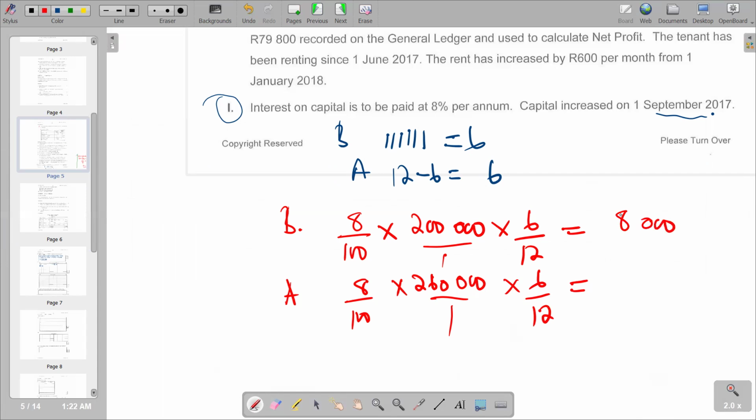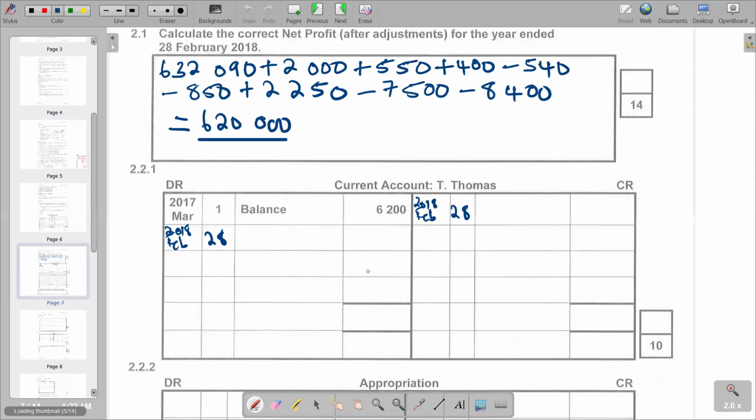We do the second calculation, for after: 8% times 260,000 times 6 over 12, and you are going to get 10,400. So 18,400 is the interest on capital for Thomas. We put our 18,400 as interest on capital on the credit side.